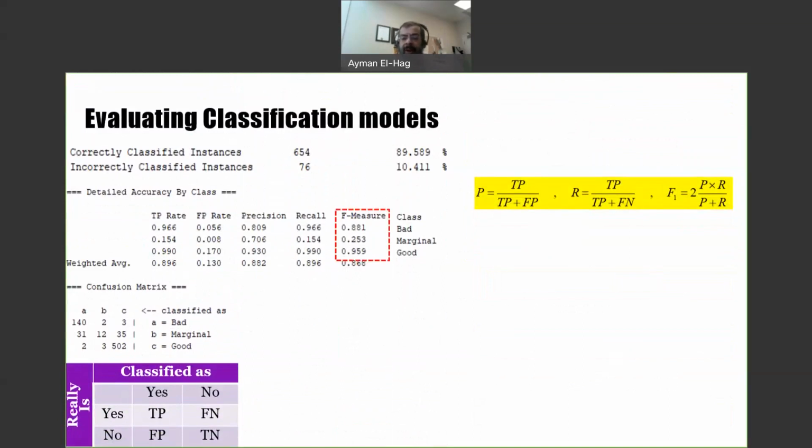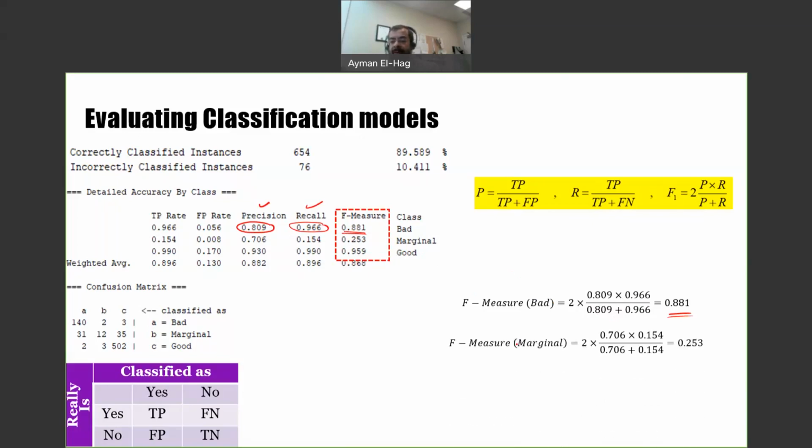In the F measure, basically it is 2 times the precision times the recall divided by their summation. As simple as that. So when you look here at the F measure for the bad, which is this value, you multiply 0.809 times 0.966, and you divide by their summation, and you get 0.881. Okay, and so on and so forth.